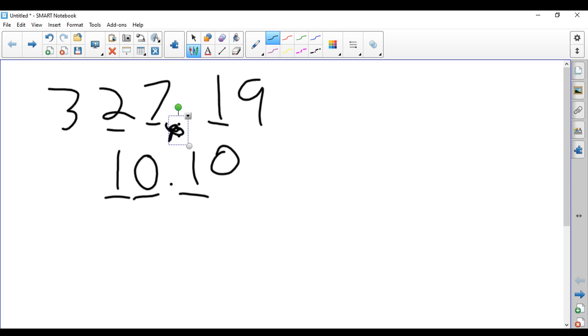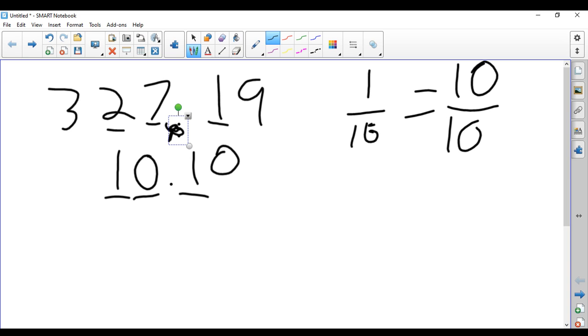Then we talked about the idea of, can I make a decimal look like a different decimal? And the answer is yes. Just like fractions, there are equivalent decimals, though there aren't as many options. For instance, if I had 1/10 in fractions, that's the same as saying 10/100ths. They look different, but they're the same value.